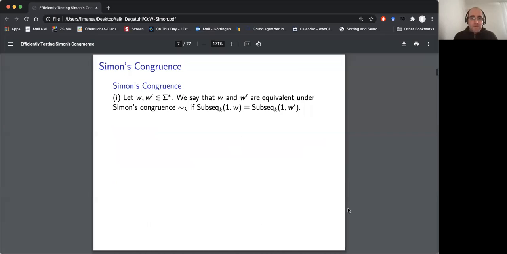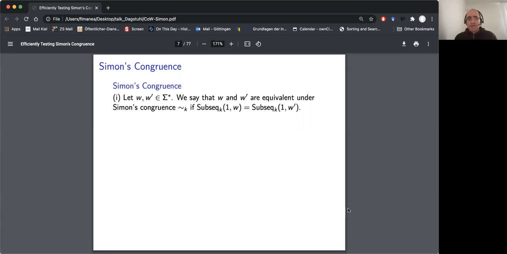Now, this is a fairly clear and well-known concept. Now, I will move on and define the main concept of this talk, namely Simon's congruence. In this case, we take two words, W and W prime, over the same alphabet, and we call them Simon equivalent, or equivalent under Simon's congruence ~_k, if they have exactly the same set of subsequences of length k.